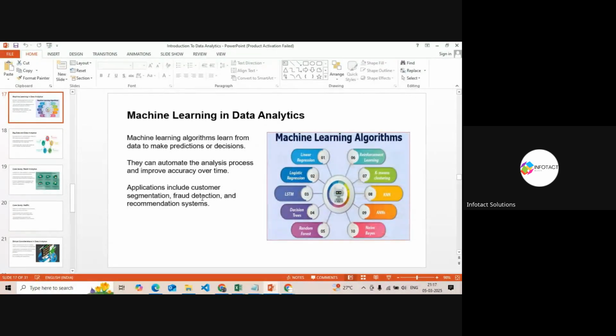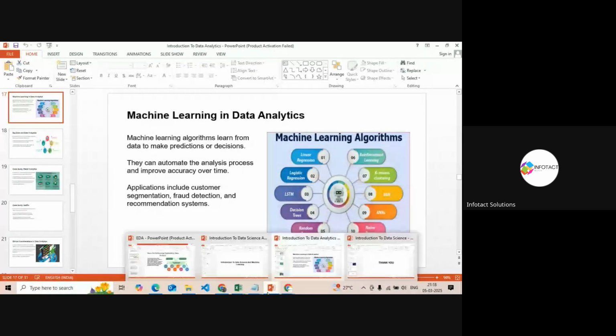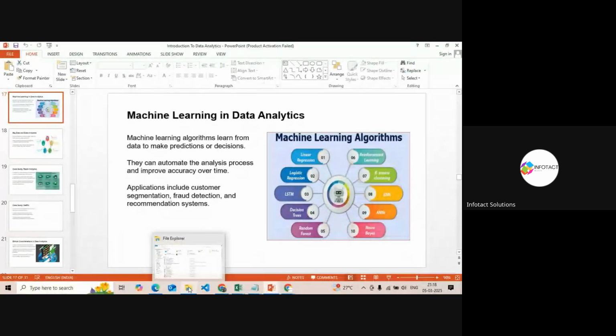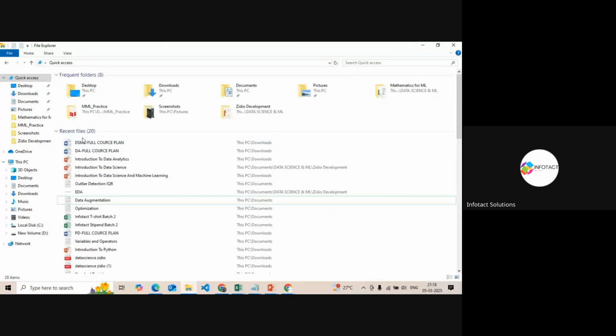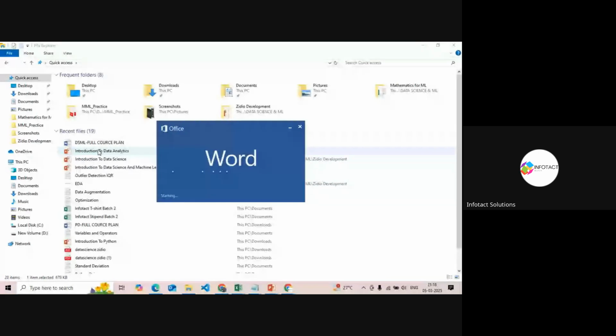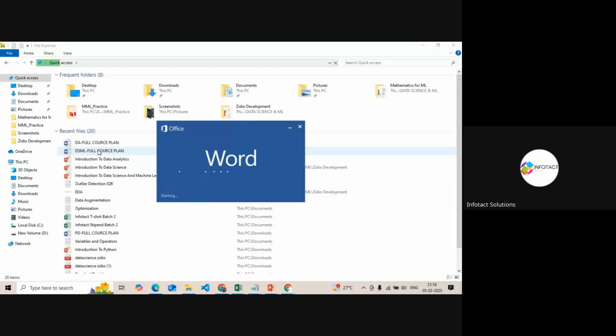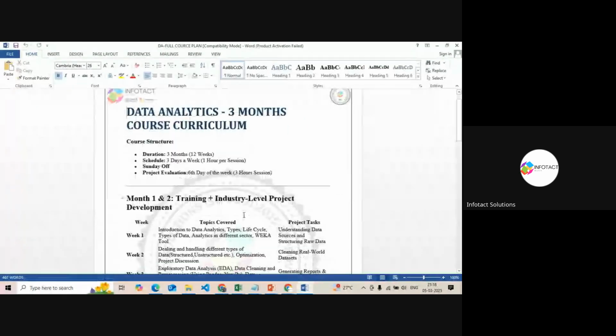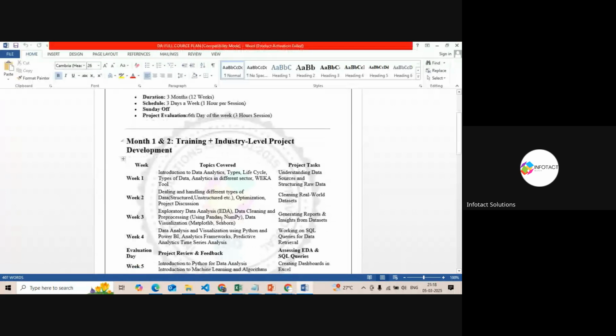The various types of ML we'll be discussing, and we have not added those, so we have to add them. Mainly clustering we have to discuss, because when it comes to customer segmentation and all, that's next to be discussed when we discuss machine learning.